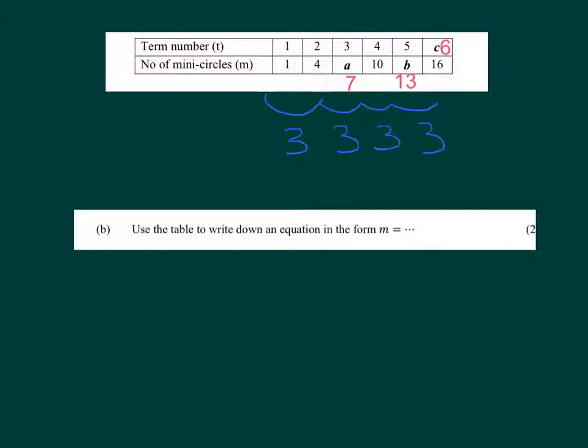This means that the relationship between the input and the output is one that is linear. The formula is easy to find. M, the number of mini-circles, is equal to this constant difference, 3, multiplied by the input, T.